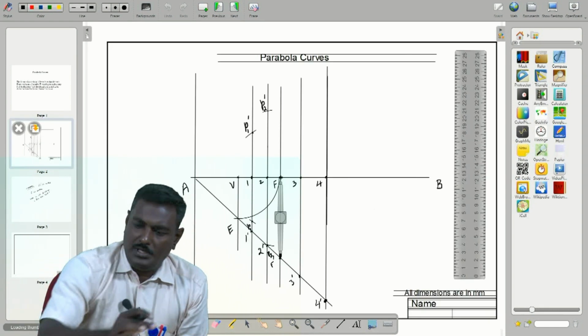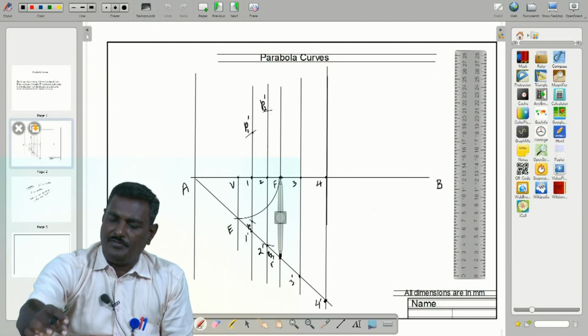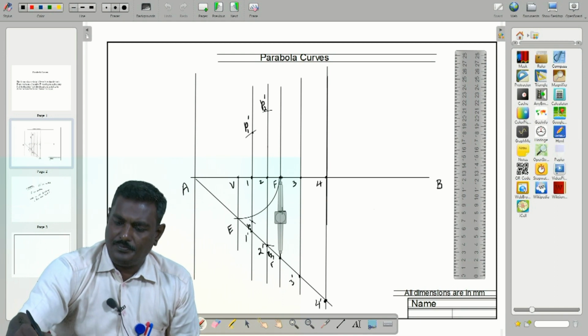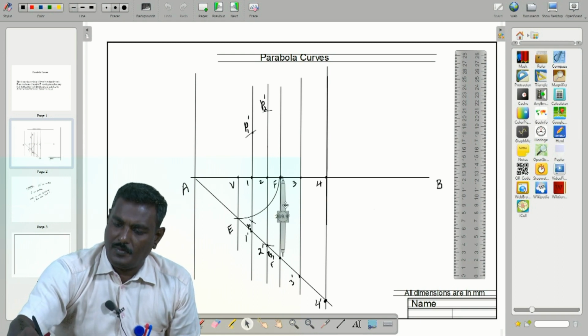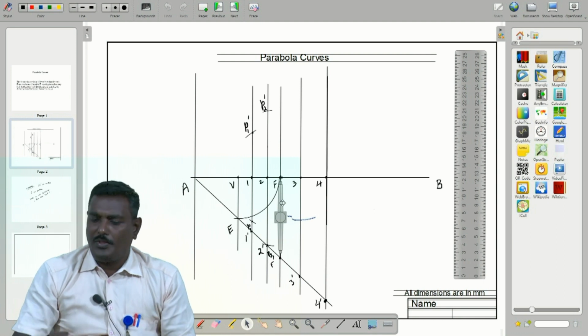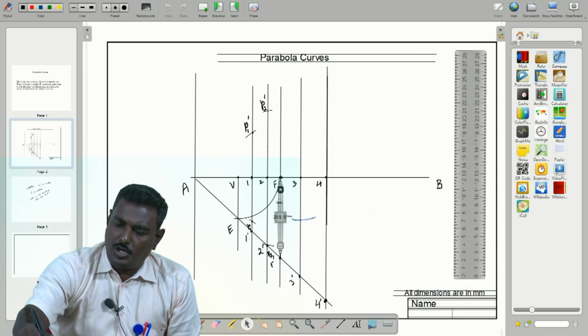The bottom is the same with F dash, but in the top only it is to be changed.